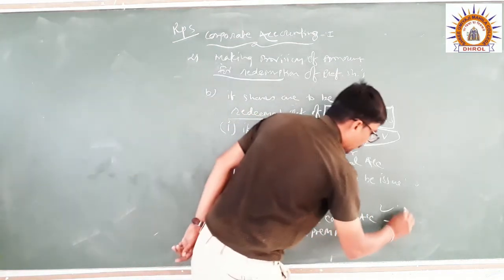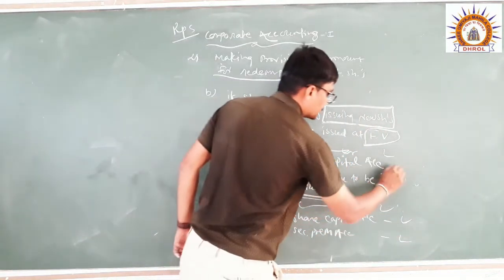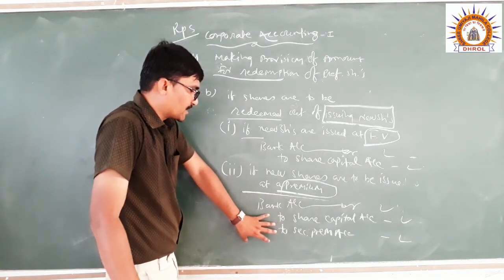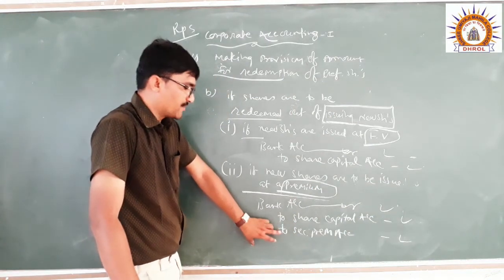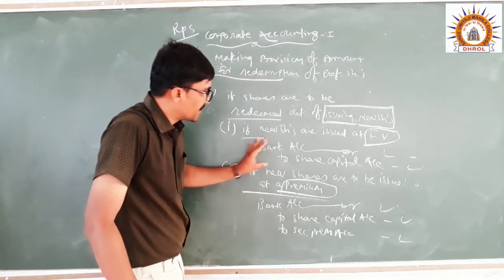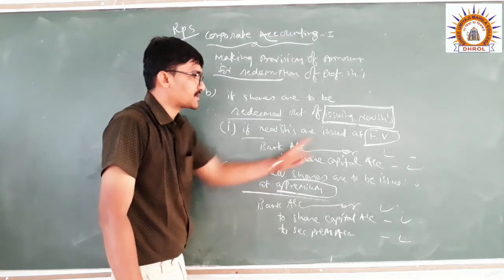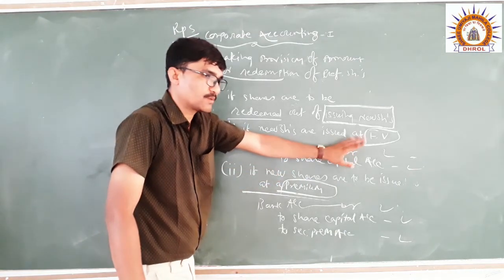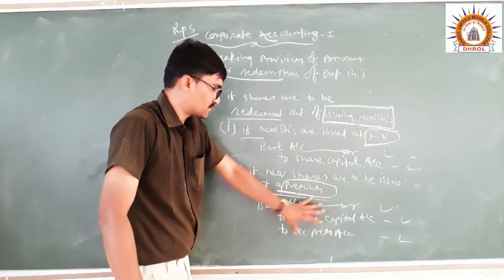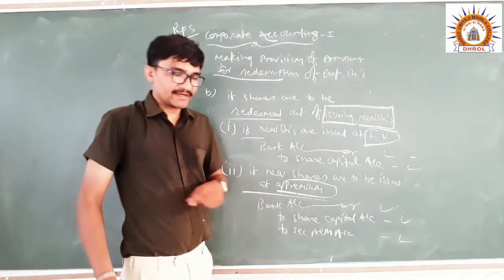Here the amount is only the amount of premium. The same thing here: bank account debit to share capital account, which is the new issue of shares at face value, and if there is no premium, fine. If the company issues new shares at a premium, then there will be premium in it, this securities premium.